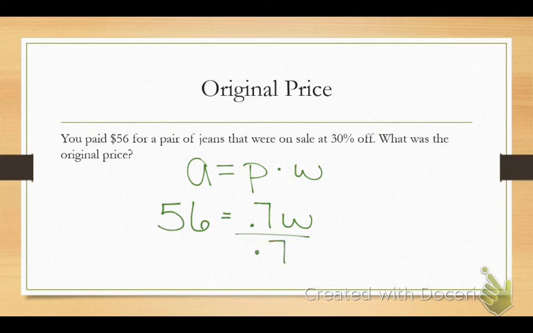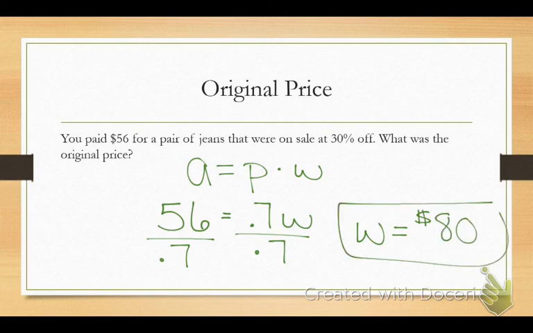That will tell you what the original price was. 56 divided by 0.7. Okay, so the whole, or the original price, is how much? 80 bucks. $80. Okay, I think it's a pretty good deal.